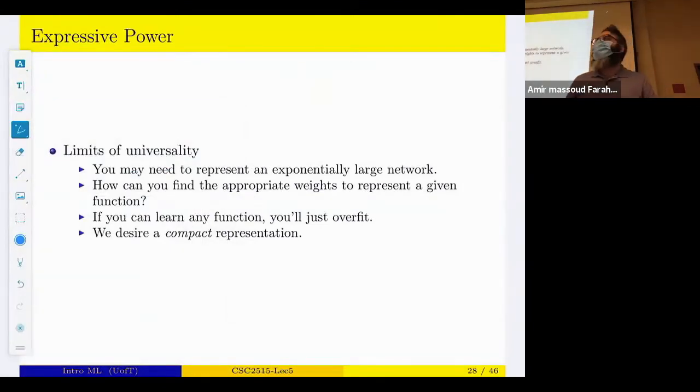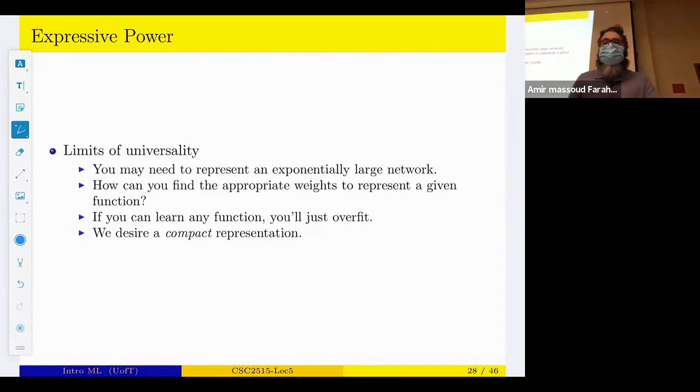So this basically suggests that neural networks are universal. For the binary case, it's easy to see. For general continuous functions, where the inputs are from some d-dimensional Euclidean space, I suggested how you can do it for the one-dimensional case, but of course I didn't prove it.